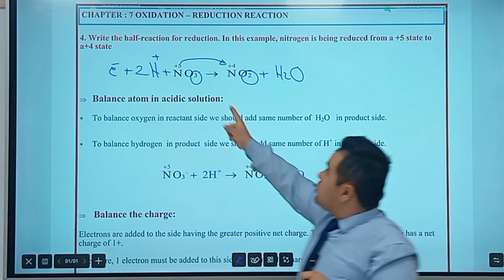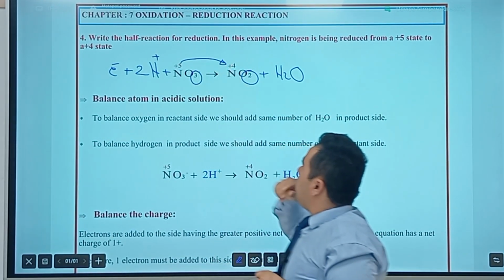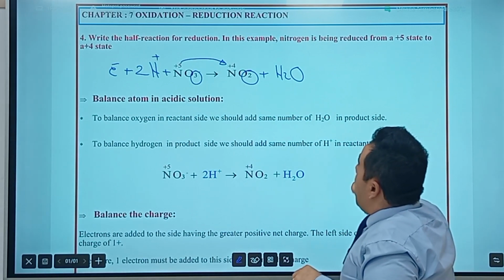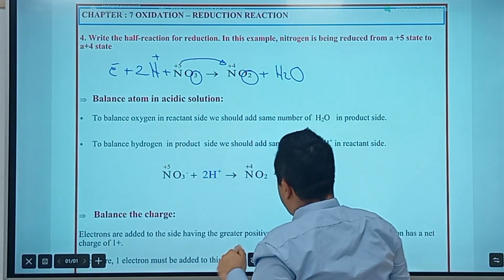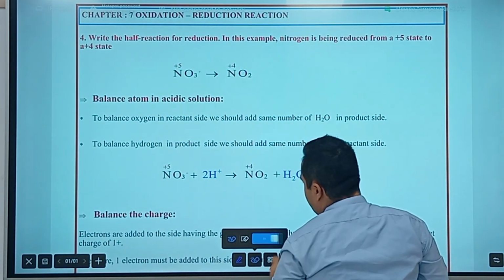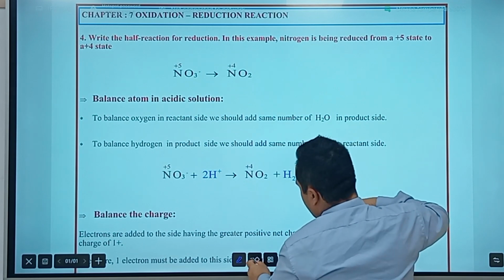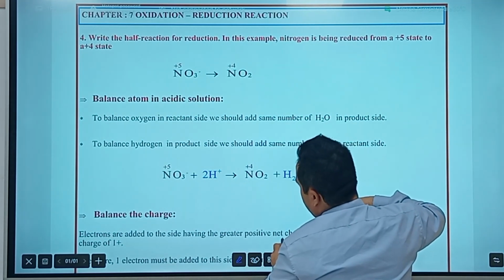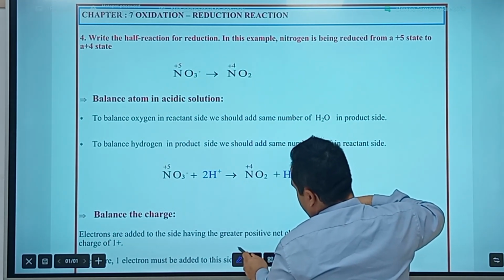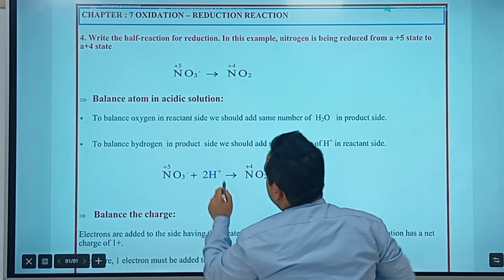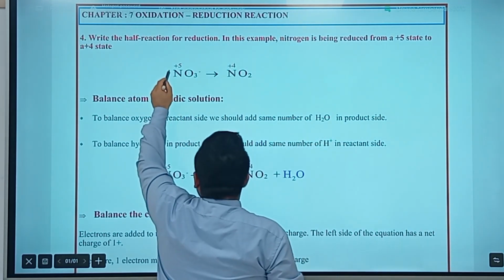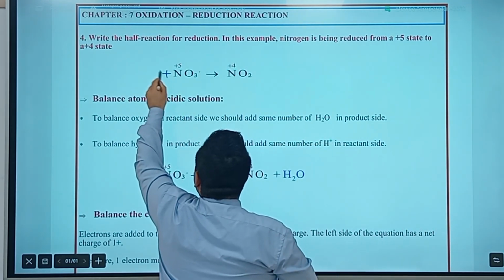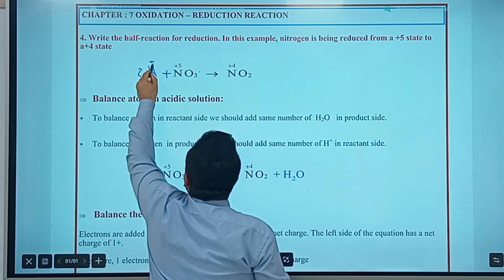Why 1? Because the difference of the oxidation number is 1. How to balance the charge? We added, sorry guys, we added 2 protons to the reactant.